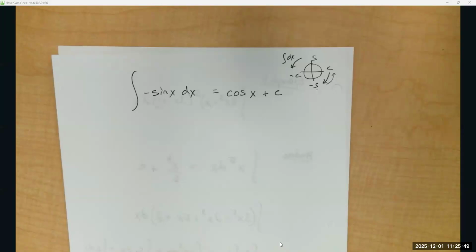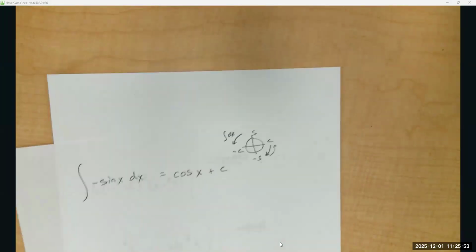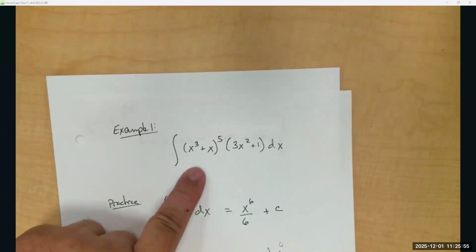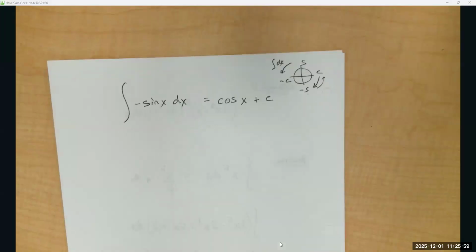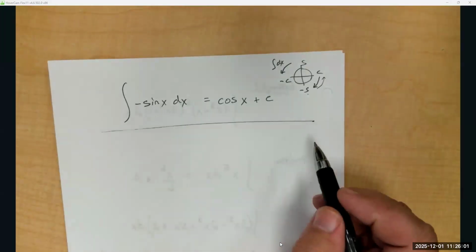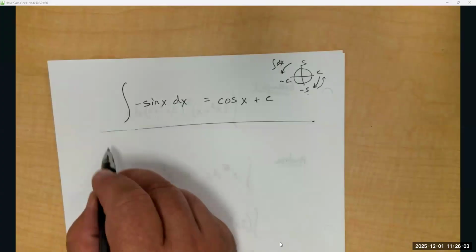So I was going to give you a more complex one, but not yet. So let's go back to this one we had here. Let's do this one. But I want to put the formula back up there.